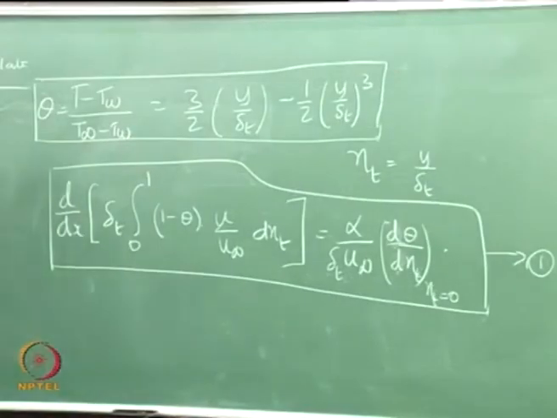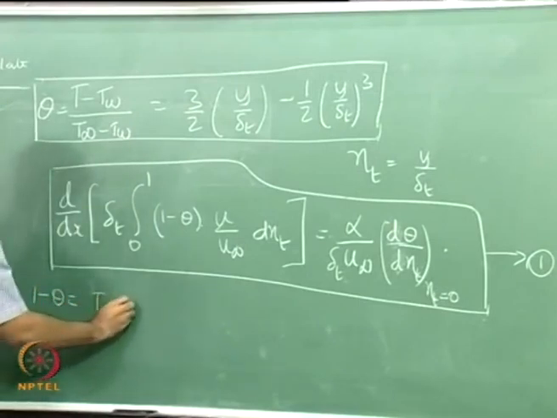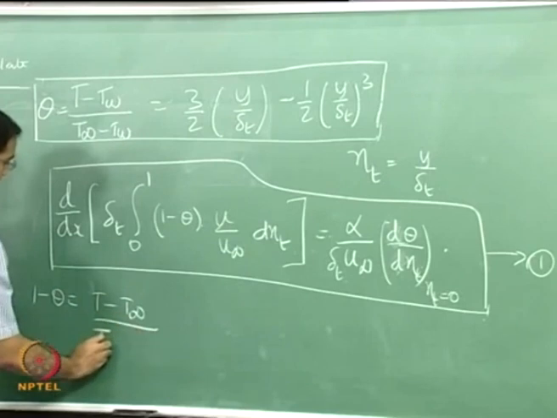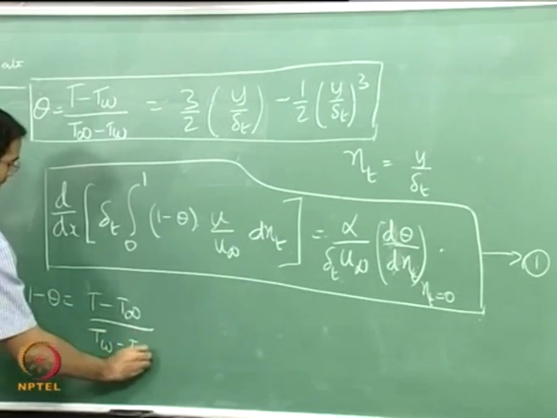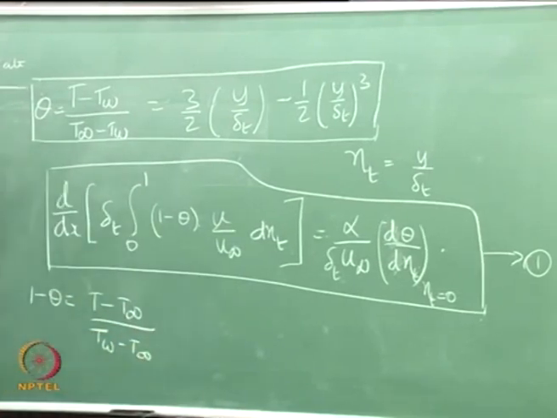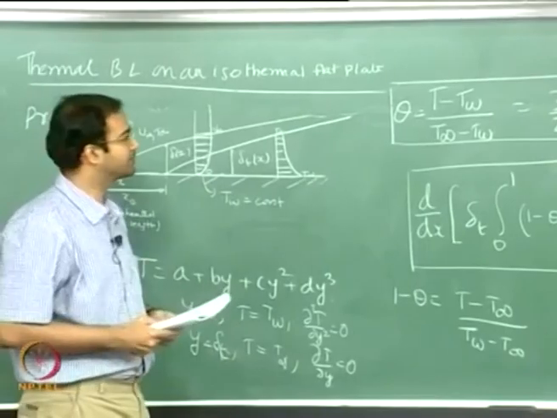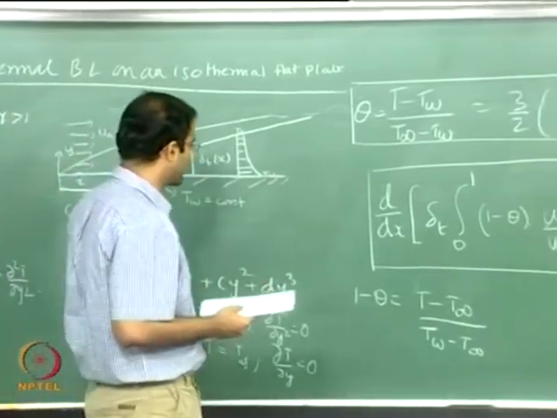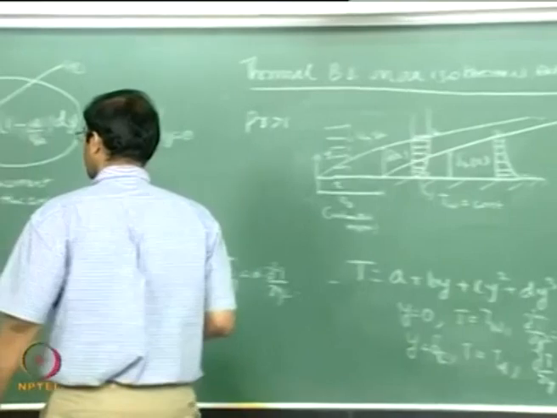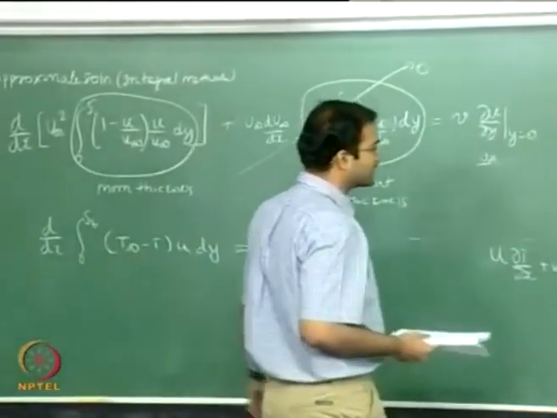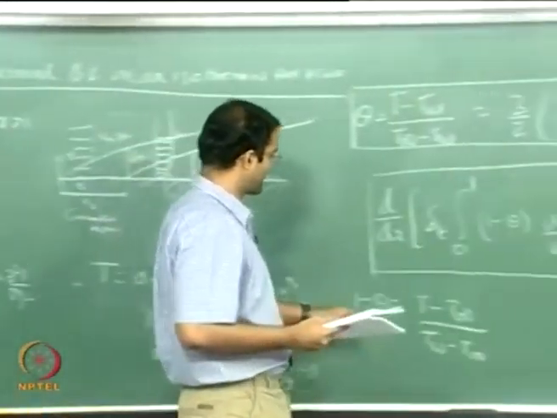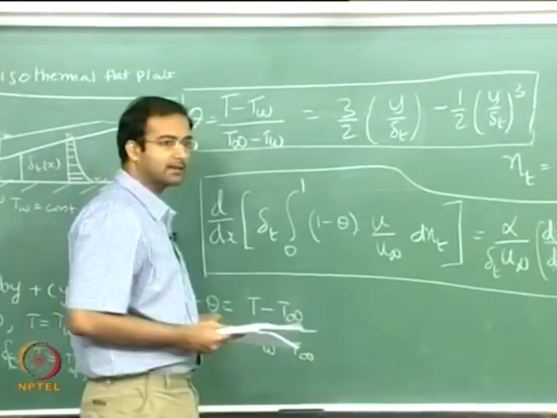Okay, so now this is theta, so 1 minus theta will be what? T minus T infinity by T wall minus T infinity. Is that right? So I can just substitute for T infinity minus T. So that is 1 minus of 1 minus theta.